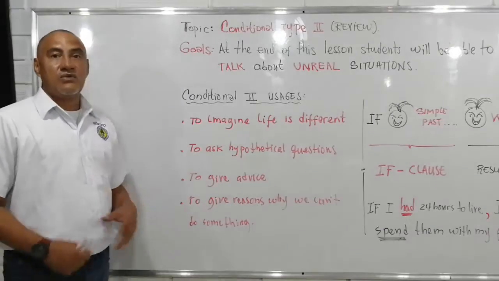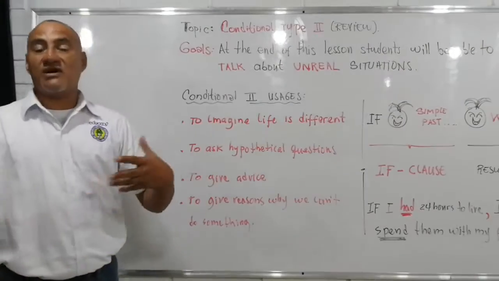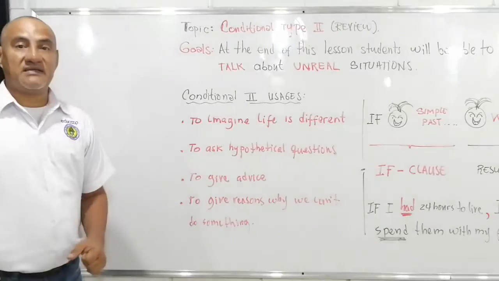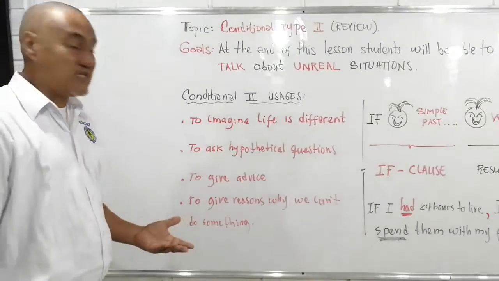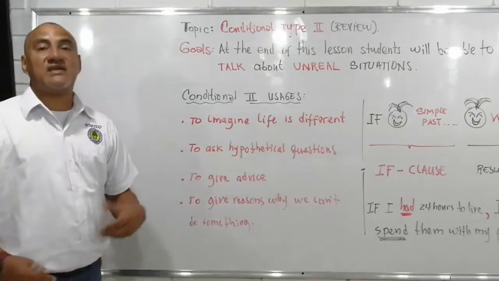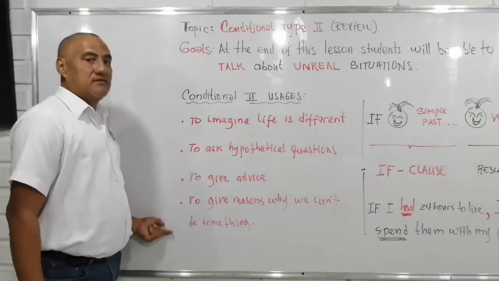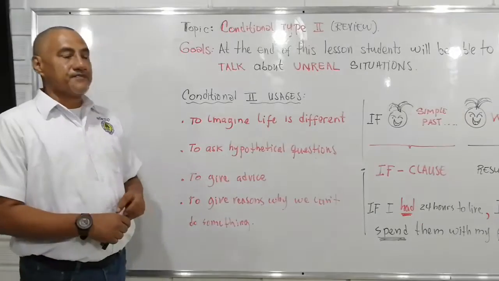Remember, we say, if I were you, si fuera tú, if I were in your position, if I were in your shoes. It's also used to give advice, recomendar, to express an opinion, to make a suggestion. And finally, to give reasons why we can't do something.